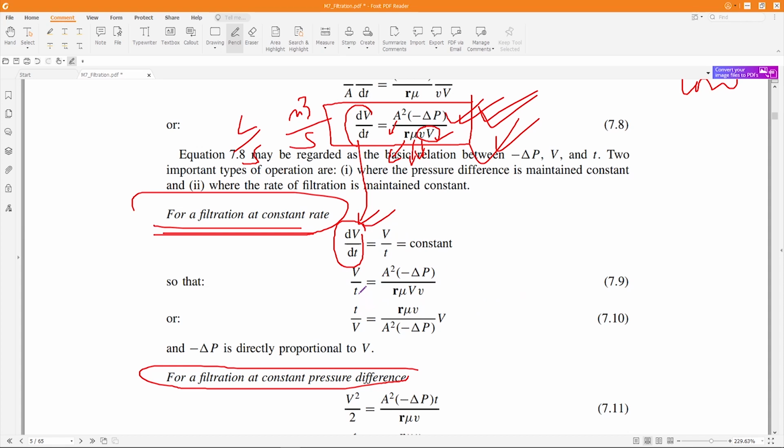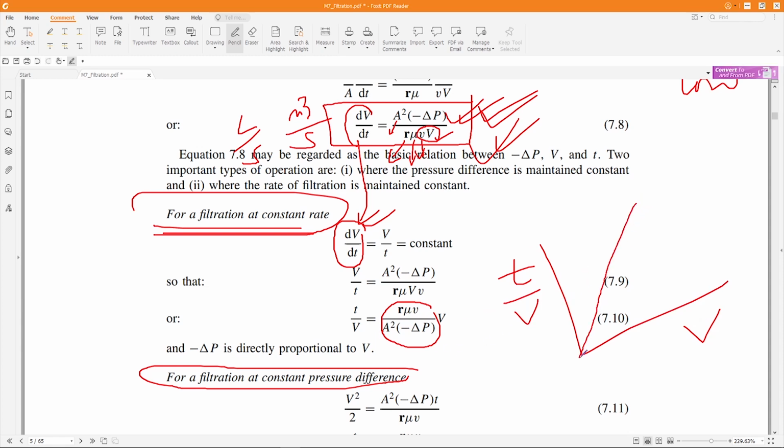Take the reciprocal, T by V into V. If you plot T by V versus V, with V on the x-axis and T by V on the y-axis, you get a straight line. The slope will give you this value, right? This is nothing but y equals mx, a straight line. That's why it is arranged in this form.